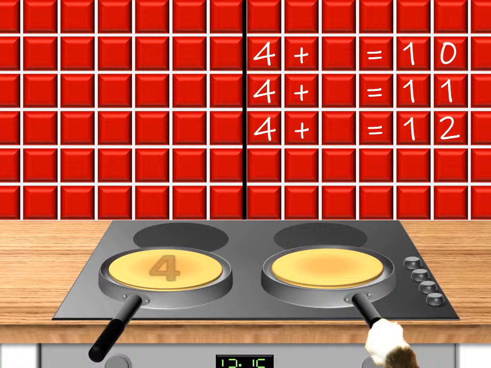By calculating the missing numbers, we can find out that 4 add 6 equals 10, 4 add 7 equals 11, and 4 add 8 equals 12, which means the number on the back of this pancake is 6, 7 or 8.